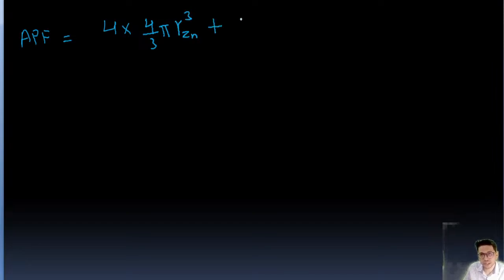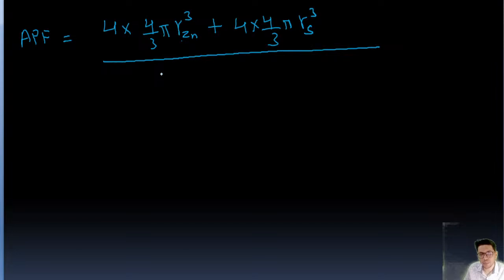This is the radius of Zn atom, plus 4 into 4 by 3 pi r S cube, the volume of sulfur, in zinc sulfide, ZnS. Because its radius is different, okay, upon a cube, right? A cube.